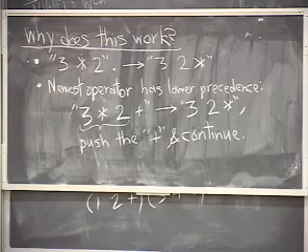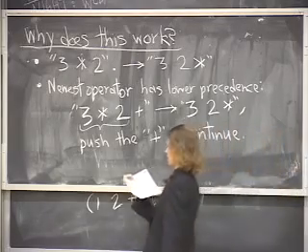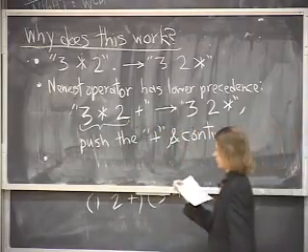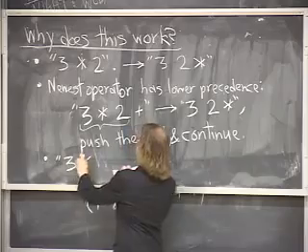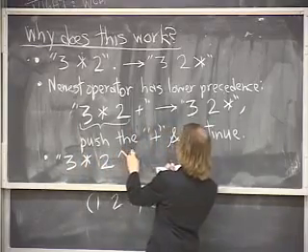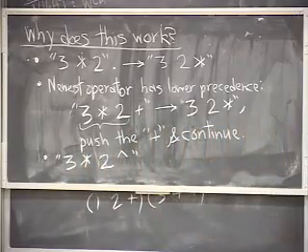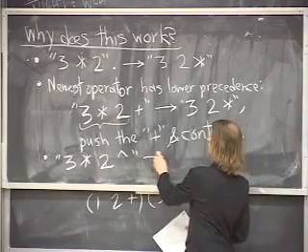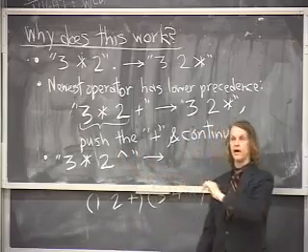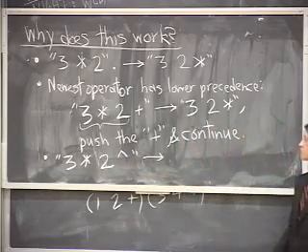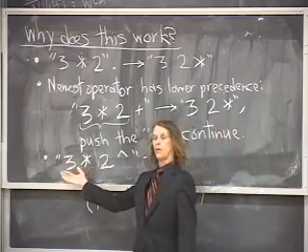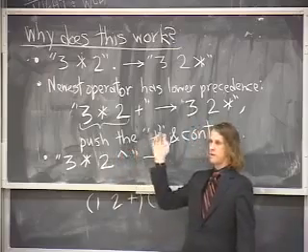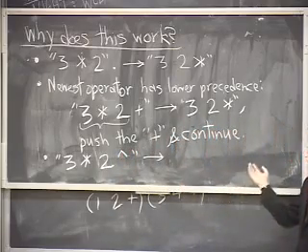And finally, maybe it goes the other way around. So maybe the newest operator has higher precedence. For instance, we have 3 times 2 to the power of. I don't know what the rest of the string is going to look like, but as soon as I reach this point, I know that this exponentiation operator binds more tightly than the multiplication. So I do not yet know what's going to get multiplied by 3. Multiply 3 by something that starts with 2 to the power of who knows what, but I don't know what yet.